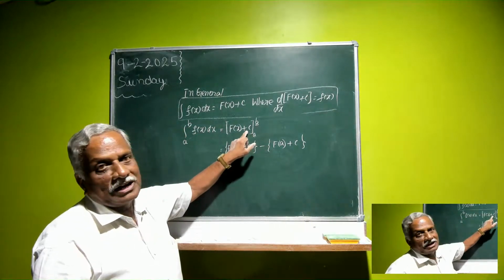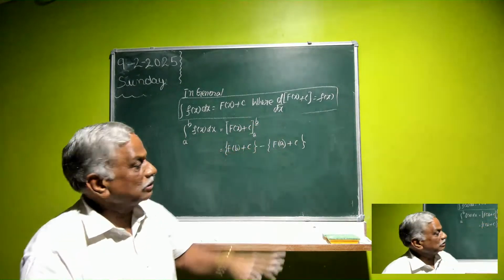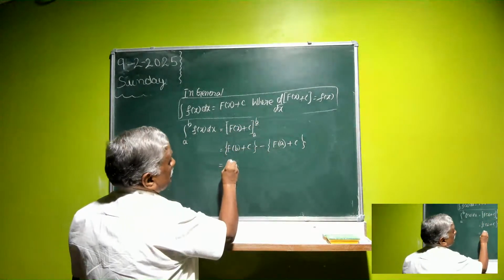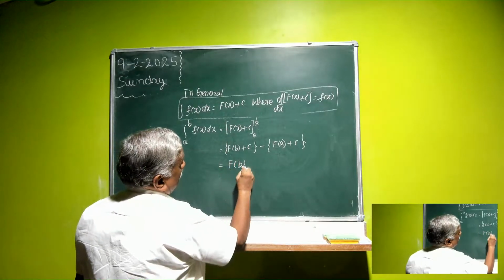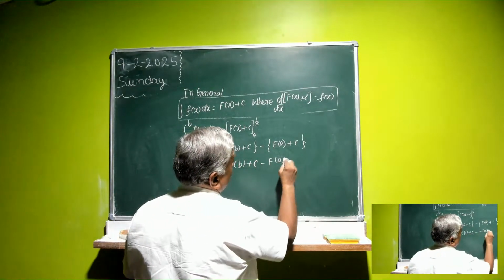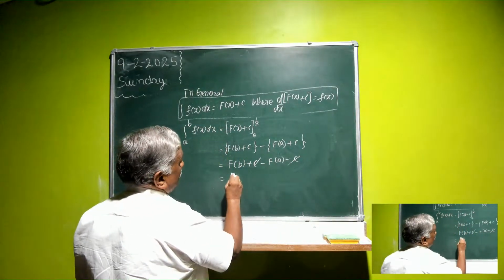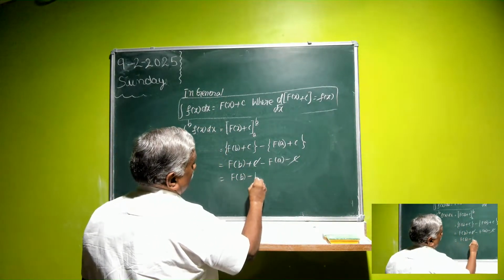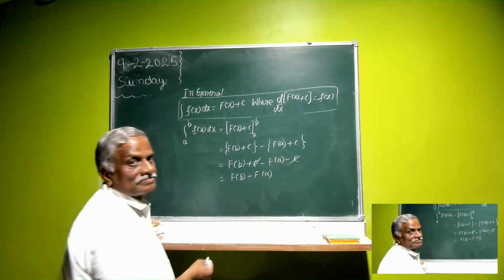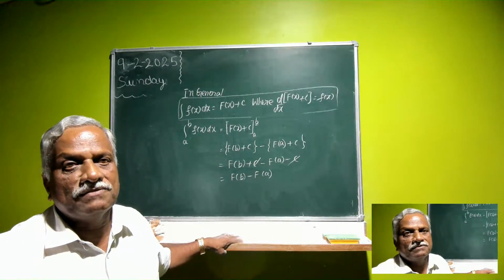I cannot put a value for c, I have to put a value only for x. This upper limit first minus lower limit. Simplify this. F of b plus c minus F of a plus c. Plus c and minus c cancels. You get this as F of b minus F of a. I've just written it, just to give an overall idea of how it works out.